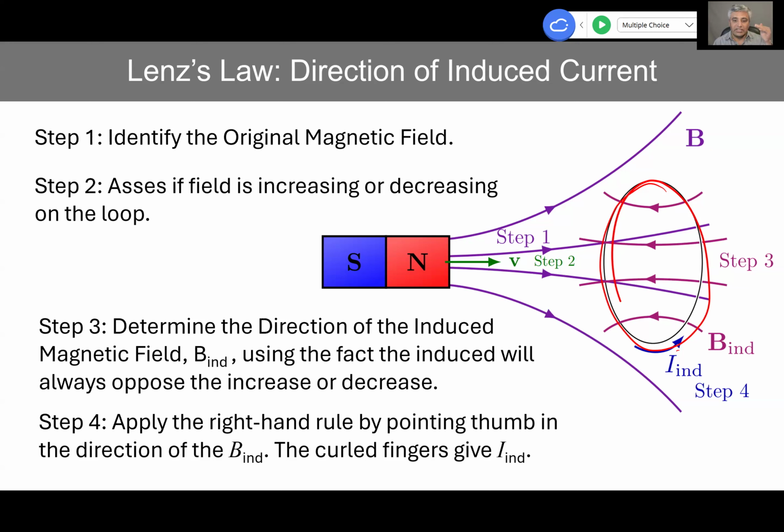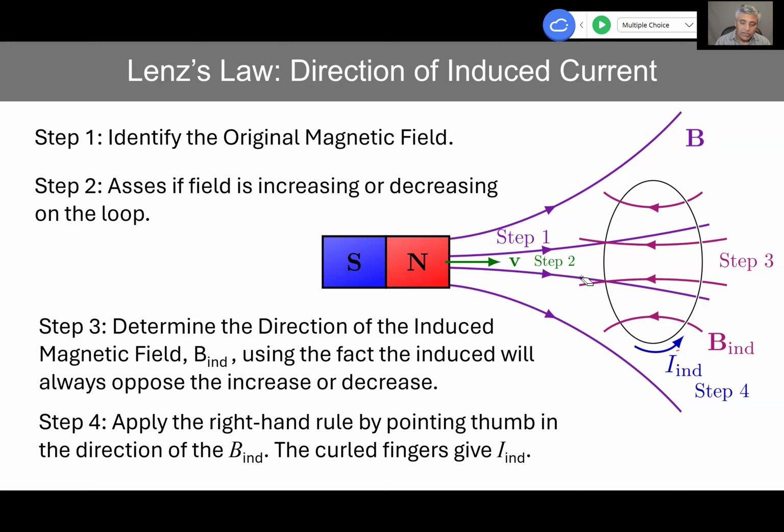See, negative sign means opposition, right? So it opposes the change, okay? Opposes the changing flux. So what is changing here? Flux is changing, so it opposes the change in flux. So that's what the Lenz law is.